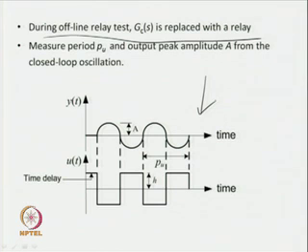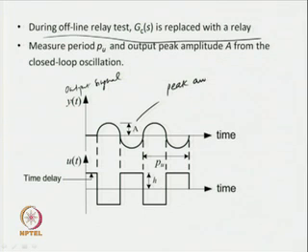Since we are getting a sustained oscillatory output, we can measure some information from it. Let A be the peak amplitude of the limit cycle output.